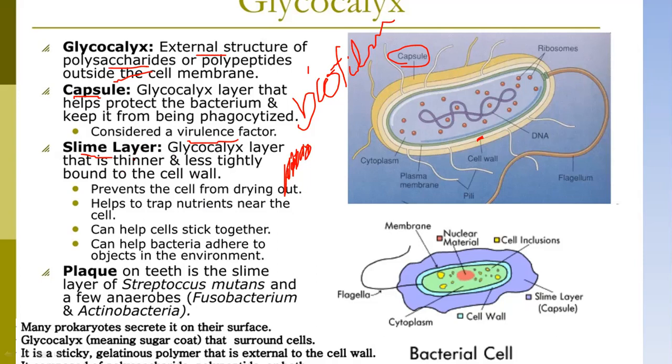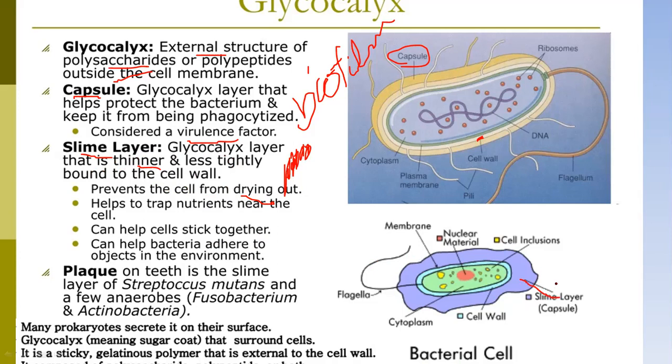Then we can see the next one, that is called slime layer, that is thinner and less tightly bound to the cell wall, that is loosely bound. So it prevents the cell from drying out, especially you can see here the slimy appearance of this slime layer.